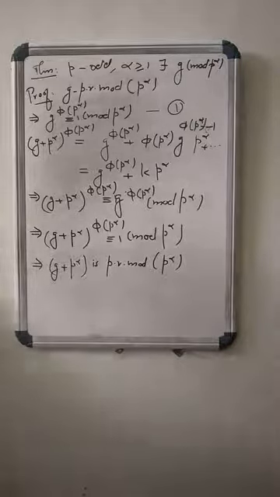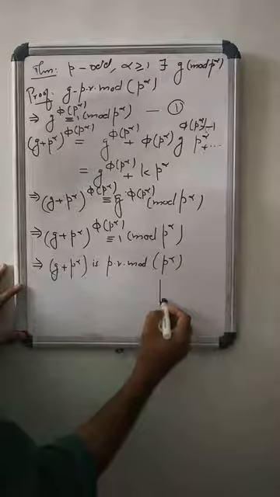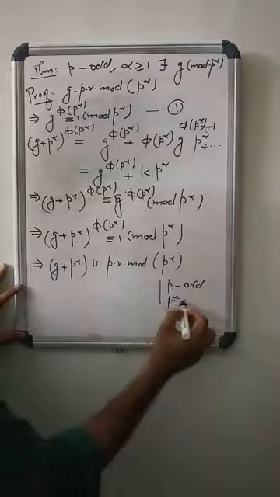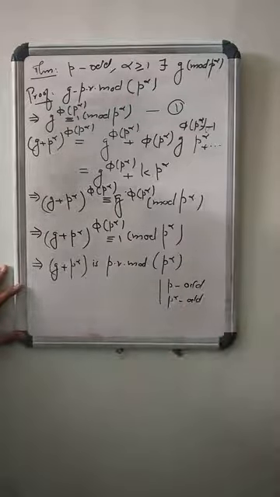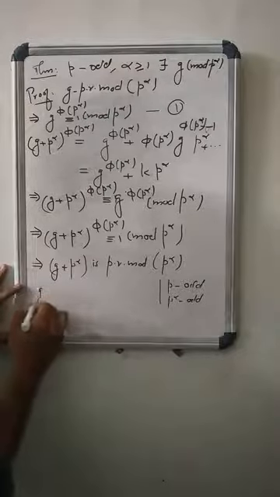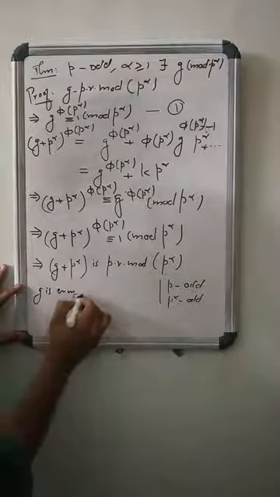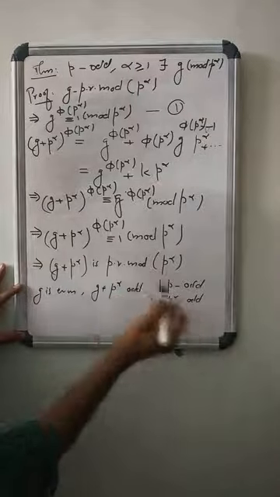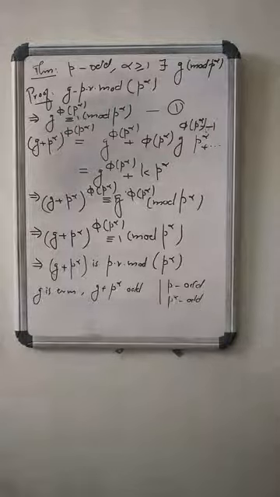Agree? Now listen, since p is odd, p^α is also odd. Now, if g is even, then g + p^α is odd, since p^α is odd.